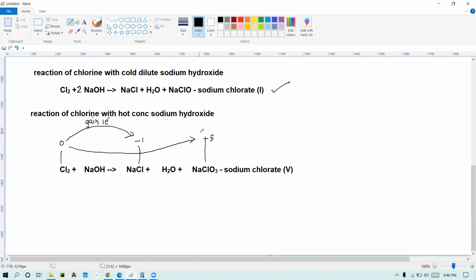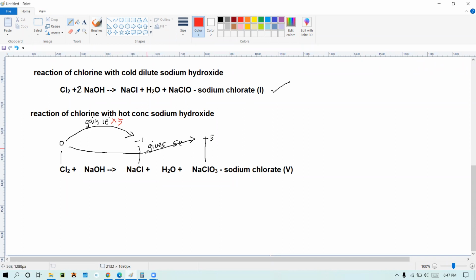But when chlorine goes to +5, it gives 5 electrons. In a redox reaction, the number of electrons given should be equal to the number of electrons taken. Now, because the number of electrons given is 5, I make the number of electrons gained also 5 by multiplying by 5.